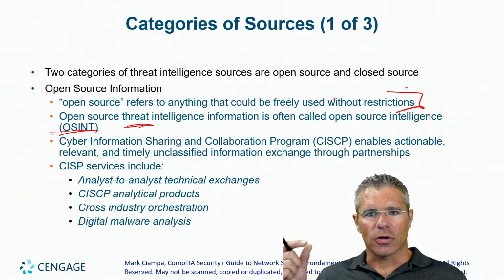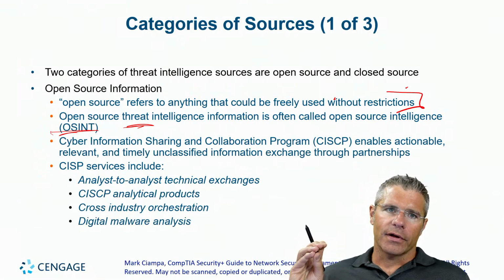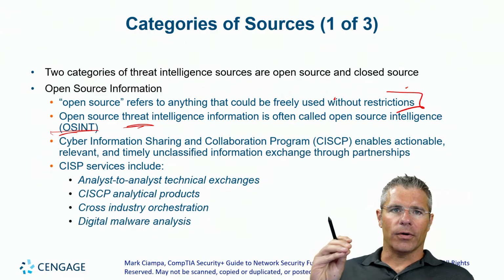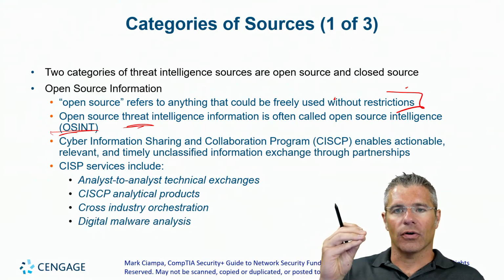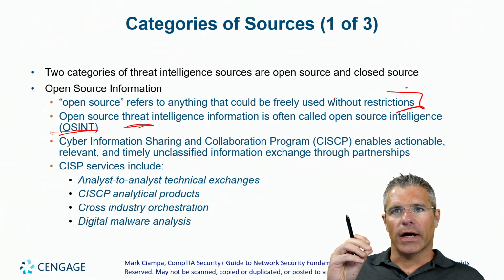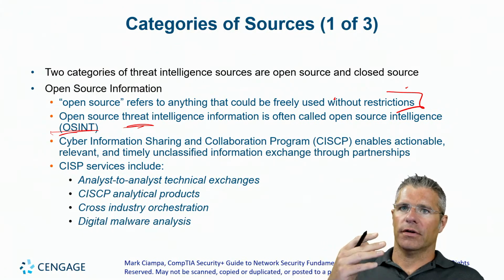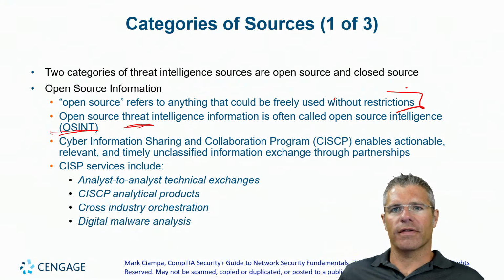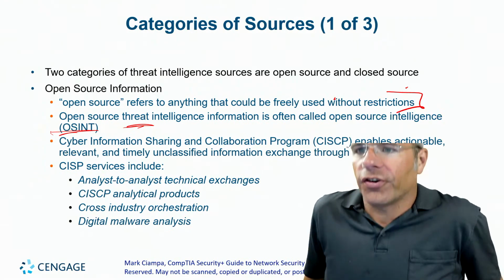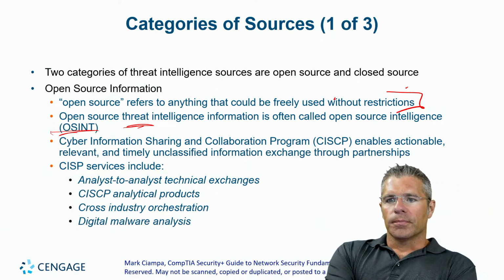OSINT, you'll also see that term thrown around when you're talking about types of intelligence about targets, if you're an attacker or a red team. So they'll find people's LinkedIn profiles in an organization, or all this stuff that you can find on the internet about organizations is also another form of OSINT.